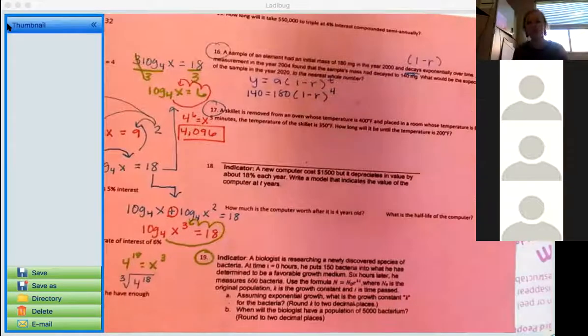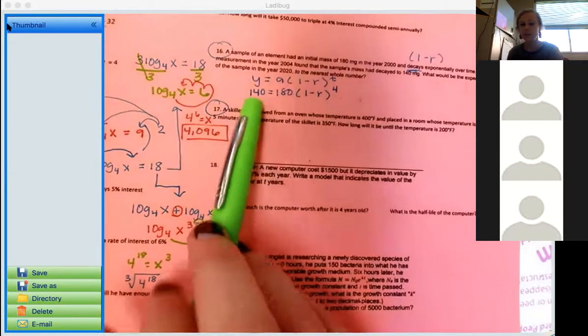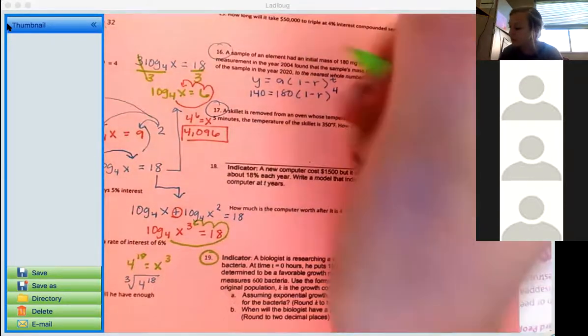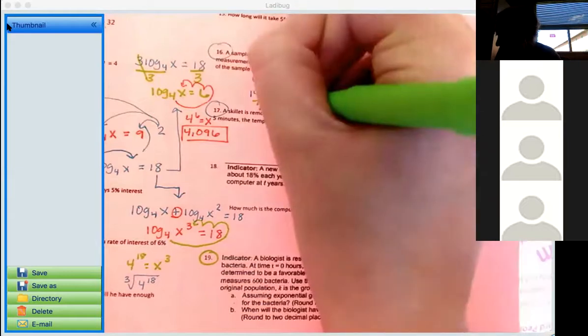Good. So this is just like number 14 that we just did, where you had to find me the rate first. So we should have divided by 180. So 14 over 18, and if I reduce that, that would be 7/9 equals 1 minus r to the 4th.